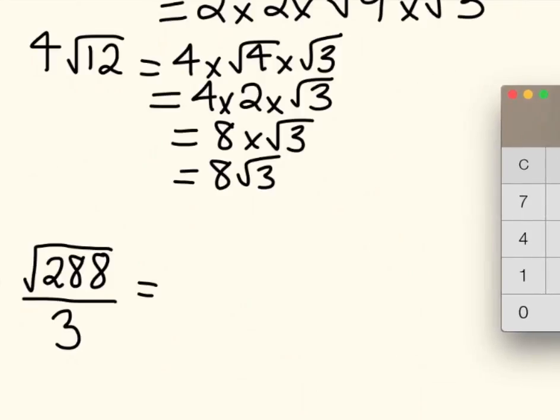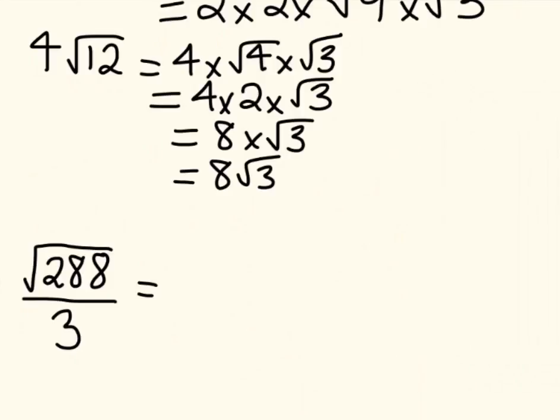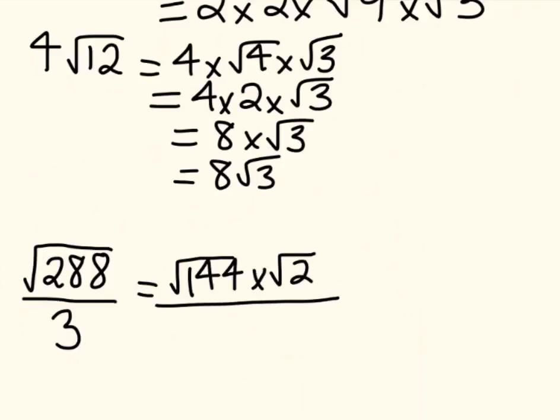Ooh, 144. That's one of our precious square numbers. 12 squared is 144. So we can write that as 144 times 2 all over 3, which gives 12 square root 2 all over 3.